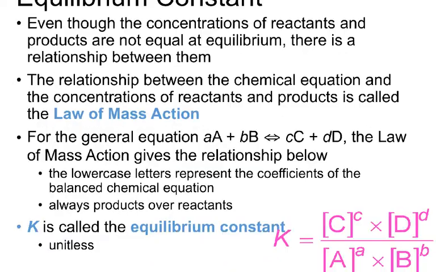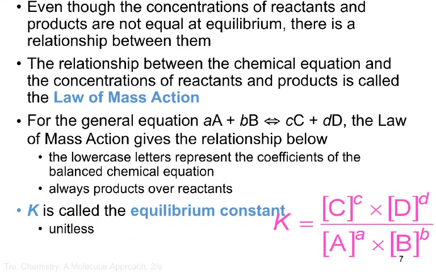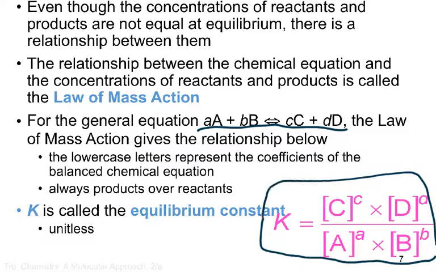So the concentrations of reactants and products are not going to be equal at equilibrium, but there is a relationship. That relationship is called the law of mass action. And what we can see for our generic reaction here, some coefficient times A plus some coefficient times B is in equilibrium with some coefficient times C plus some coefficient times D. We get this equation out of it.